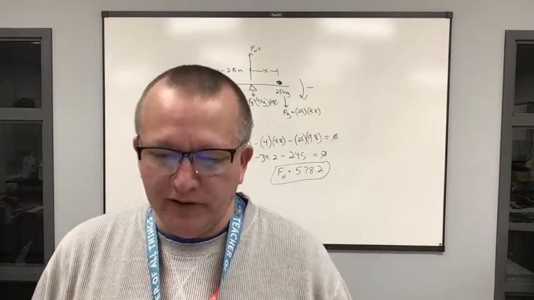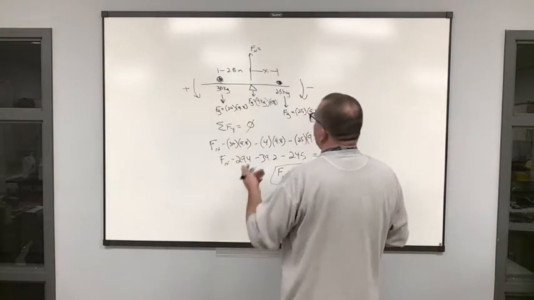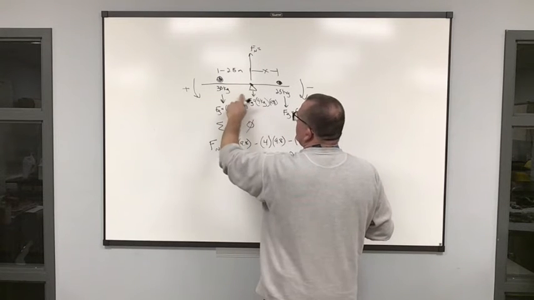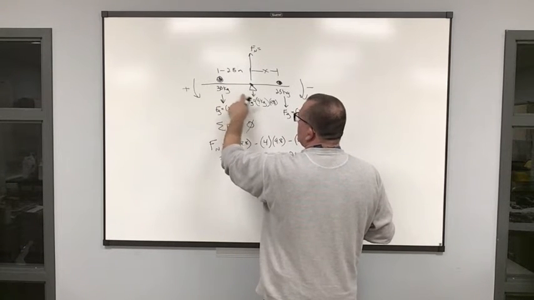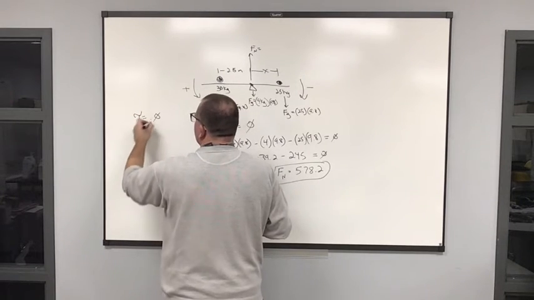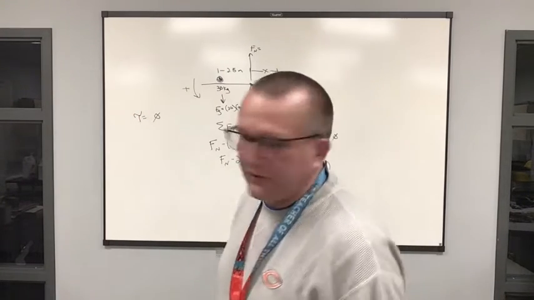Now I want to find a torque equation. For my net torque to be 0, I gotta pick a 0 point. So I'm going to pick my 0 point to be right here. Okay. So net torque has to be equal to 0. And to do that, I just find the torque of all my different objects.